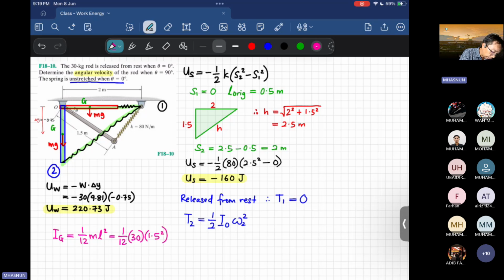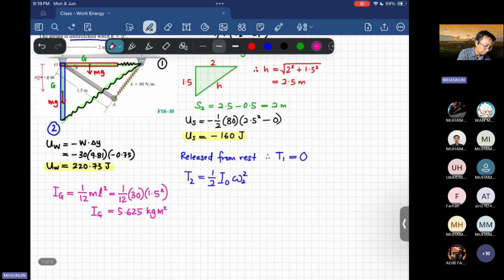Therefore, we got IG equal to 5.625 kilogram meter square. Okay, we have the value of IG.